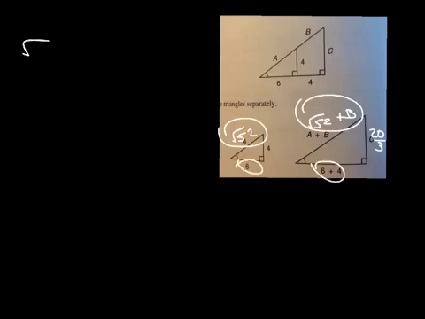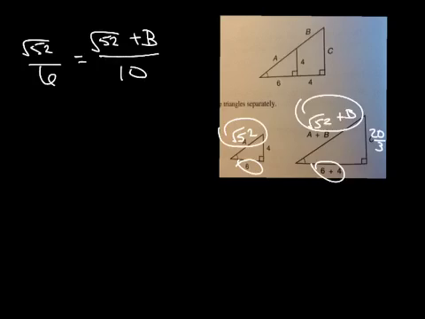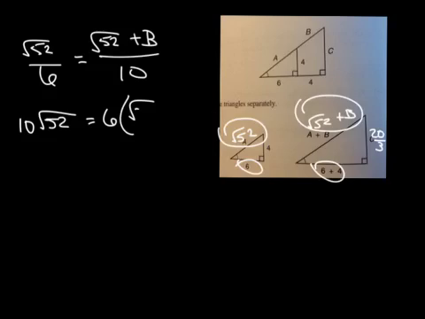So I'm going to have the square root of 52 is to 6 as the square root of 52 plus B is to 10. So let's go ahead and cross multiply. Okay, distribute.